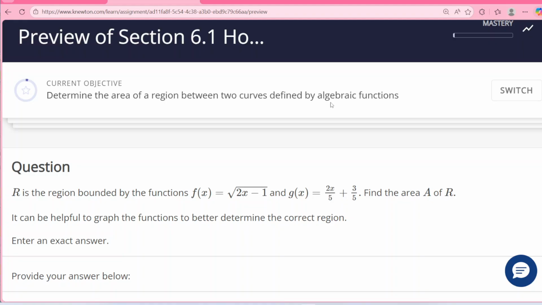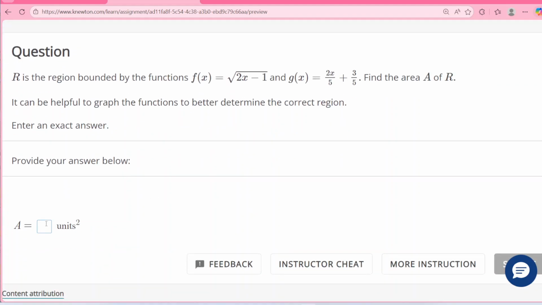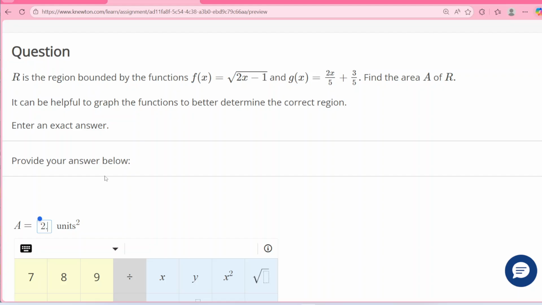I'm not saying all of these algebraic functions are going to be, but I recognize that when you plug in 1 here to the square root of 2x minus 1, you get a rational number. When you plug in 17/2, you get a rational number, and this is a line, so I figured it would be a rational value, right? 9/4, 2.25 square units in between.